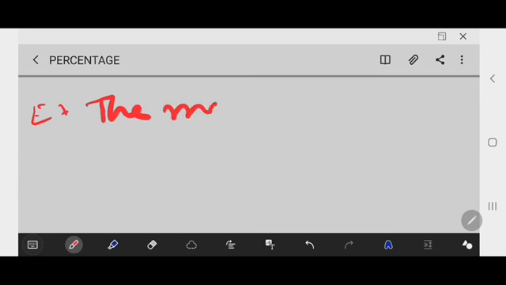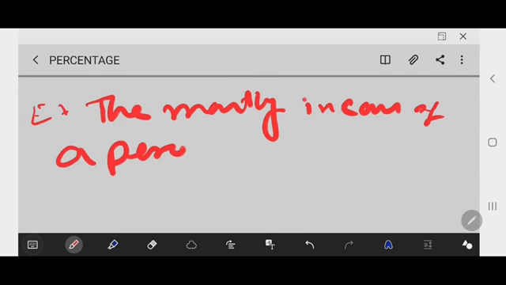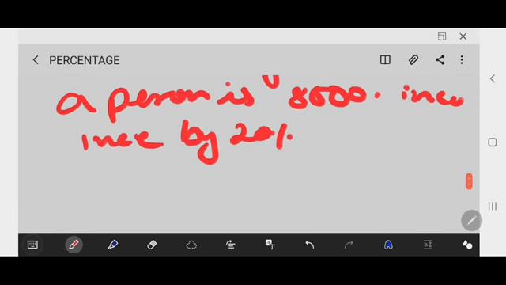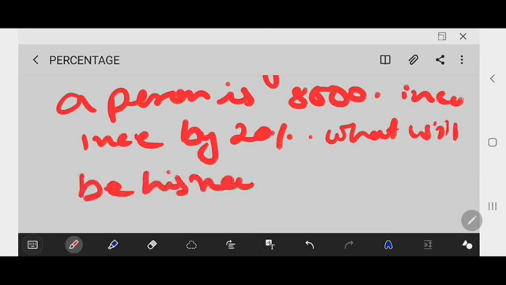The question's example is like this. The monthly income of a person is 8,000. If the income is increased by 20%, then what will be his new monthly income?